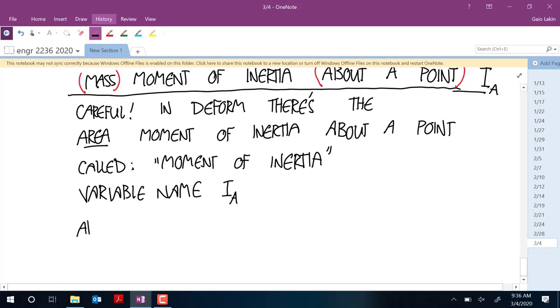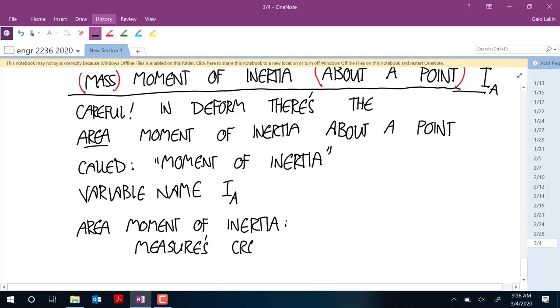The area moment of inertia is a measure of, so it measures a cross section's resistance to bending.